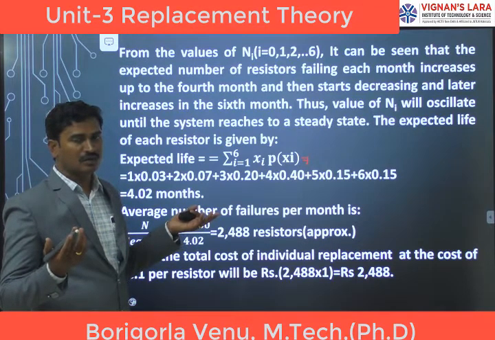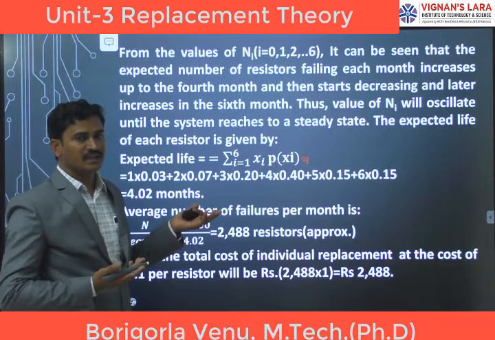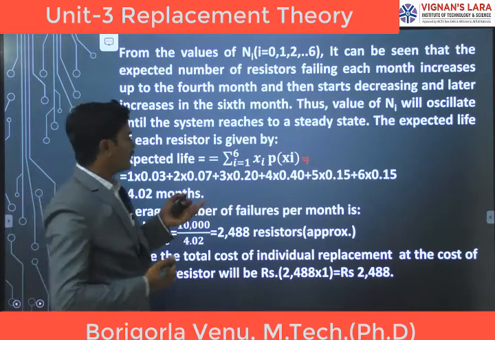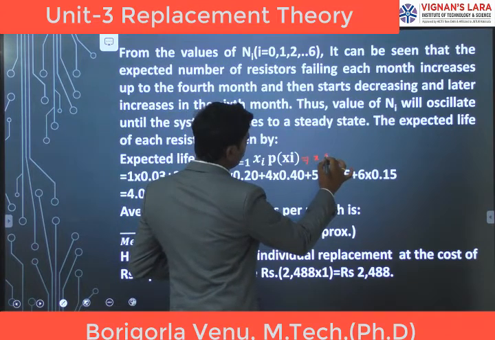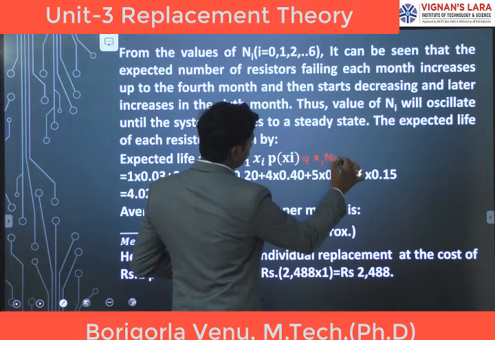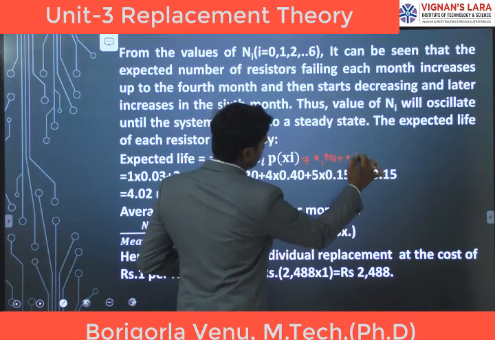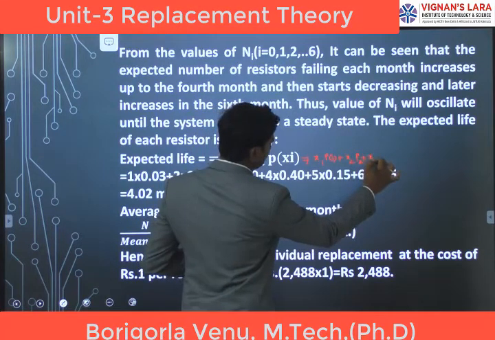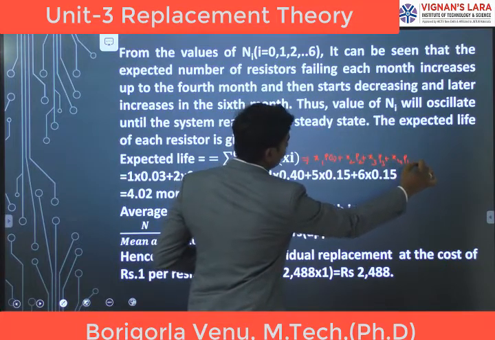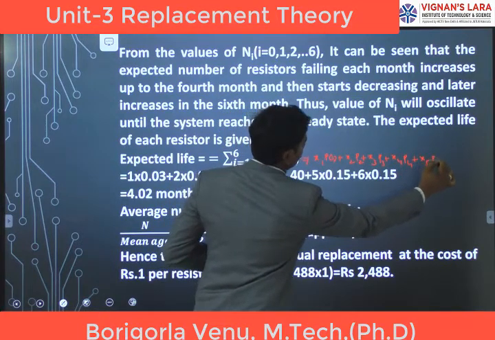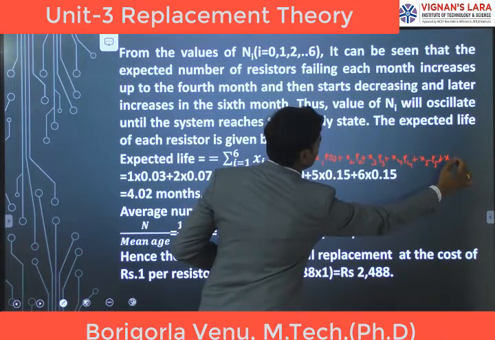That's the reason I won't consider the 0 here. I just take from the first month itself. First month means x1 p1 plus x2 p2 plus x3 p3 plus x4 p4 plus x5 p5 plus x6 p6.